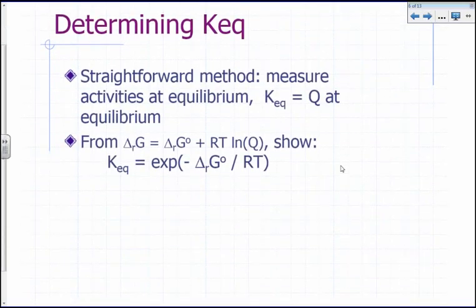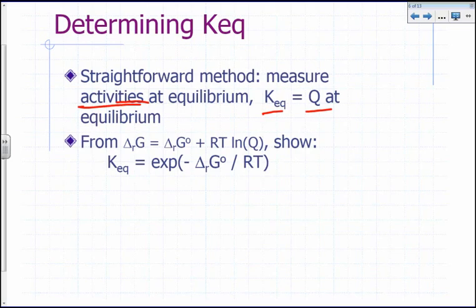So how do we determine the equilibrium constant? Straightforward method, if you recall from freshman chemistry, simply let the reaction go to equilibrium and then measure the activities of the species at equilibrium. KEQ will just be whatever the Q is at equilibrium, so you calculate Q. Now you can show there's another way to calculate KEQ.